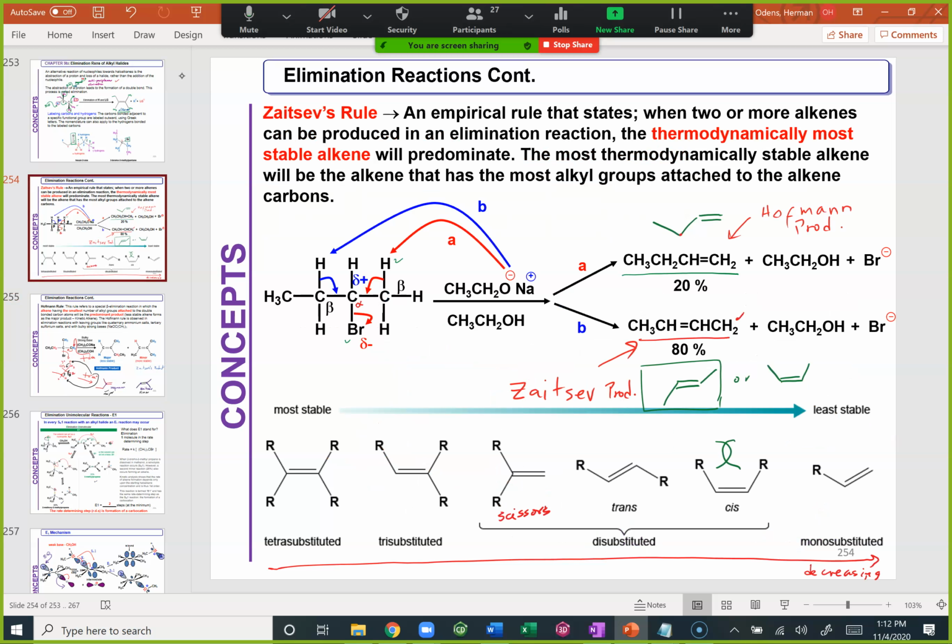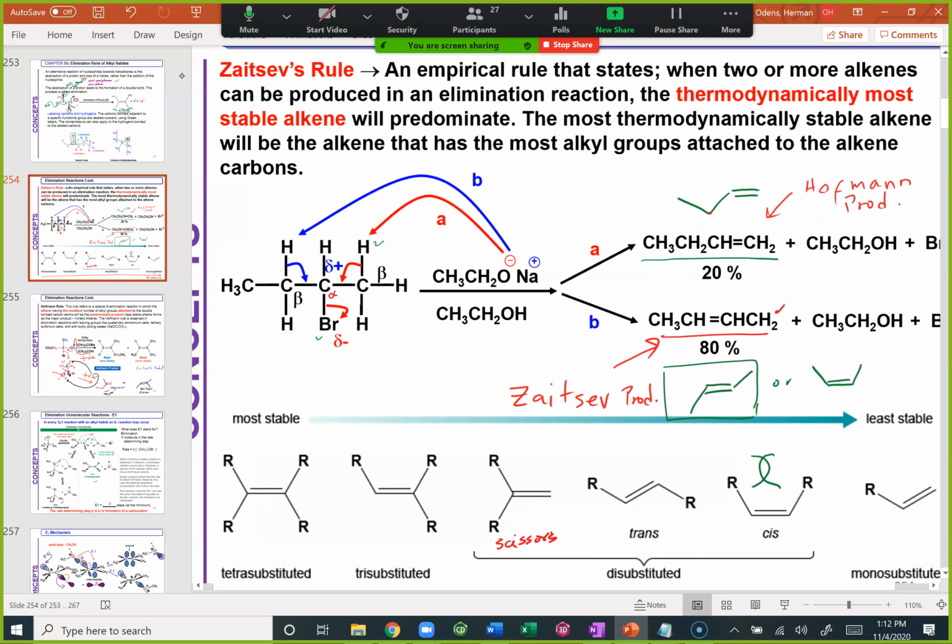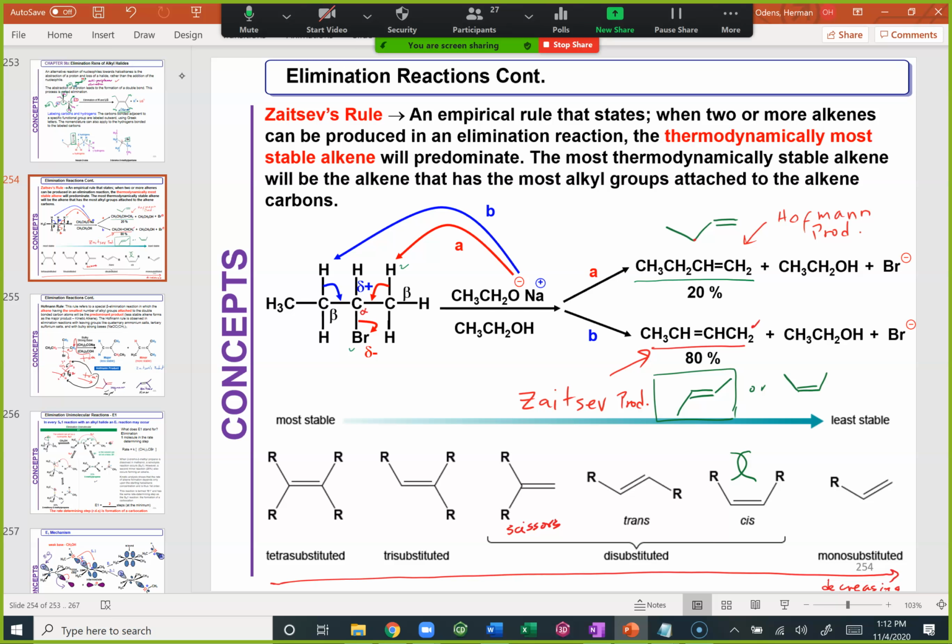So let's go back to the Zaitsev. In a reaction where you have eliminations, you always look for the different possibilities that you have. So if we were to subtract the protons here under path A in red, notice that this example is taken from the literature, but I have 4 carbons here, 1, 2, 3, 4. This is 2-bromobutane that I'm dealing with, and I'm adding sodium ethoxide as the base.